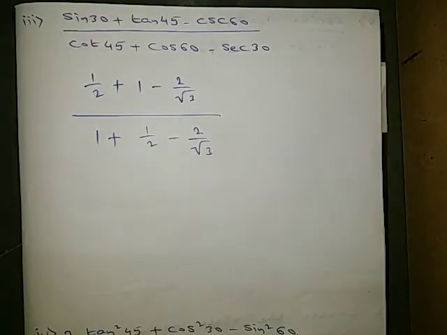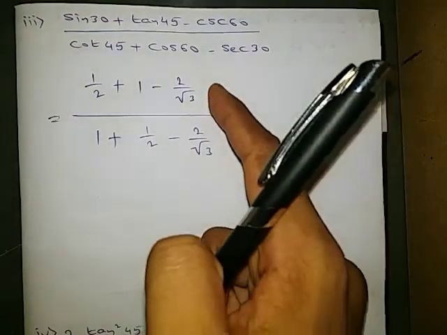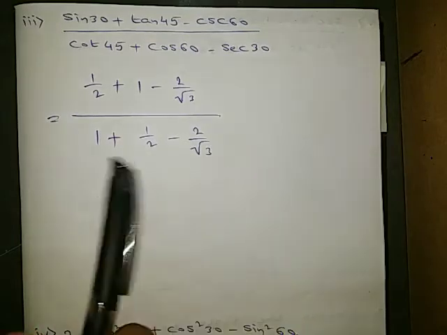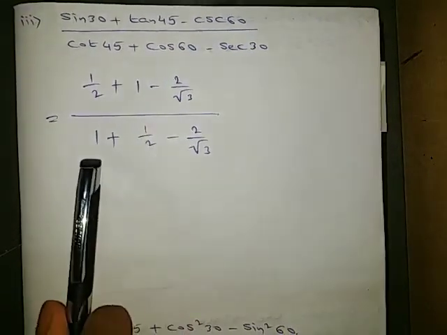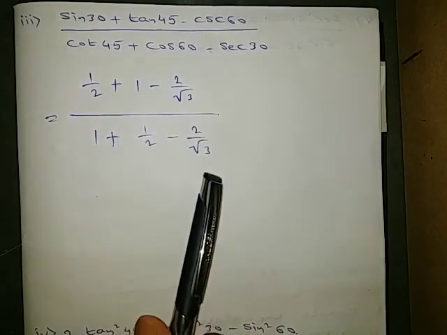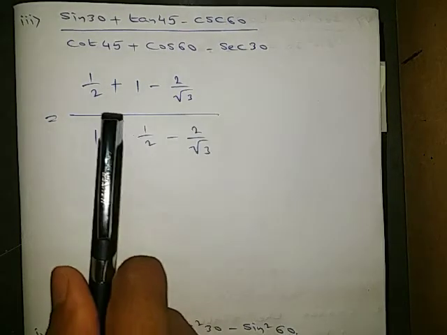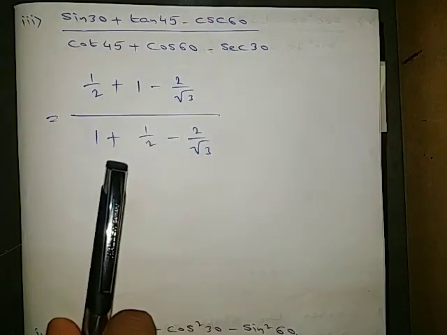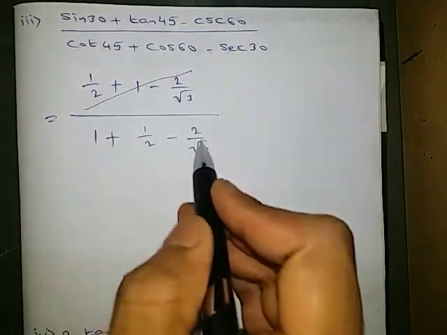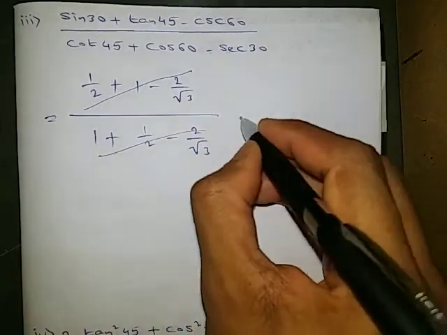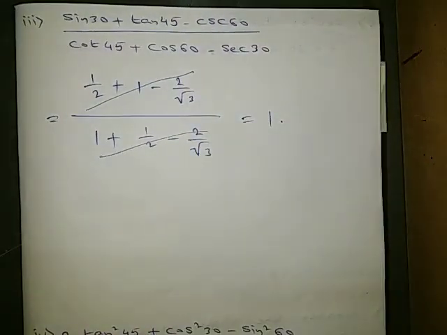Now if we observe the numerator and denominator clearly, 1 by 2 is there, 1 is there, minus 2 by root 3 is there in both. It means the total numerator is the same as the total denominator, so they will get cancelled. So we remain with the answer 1.